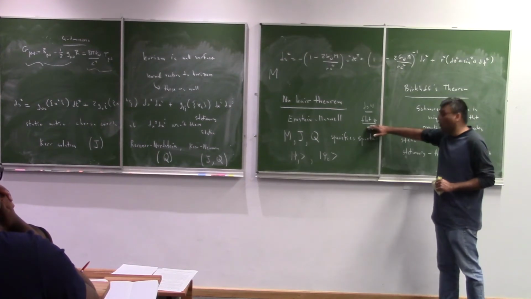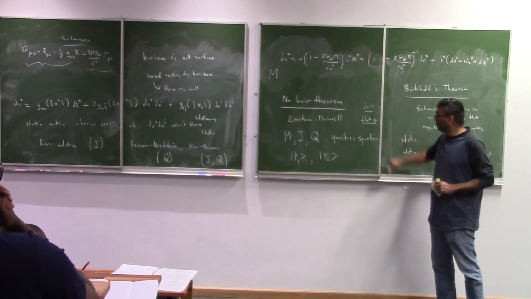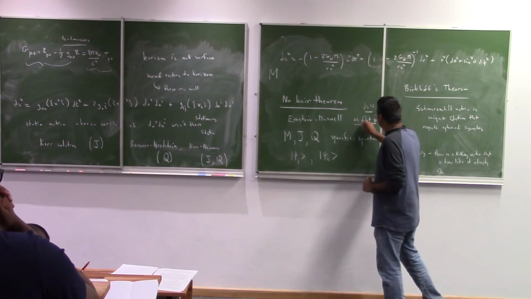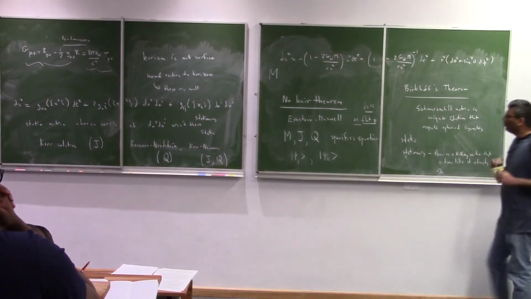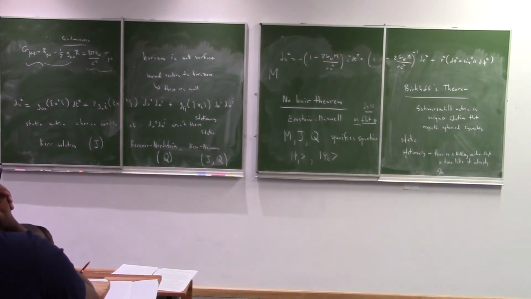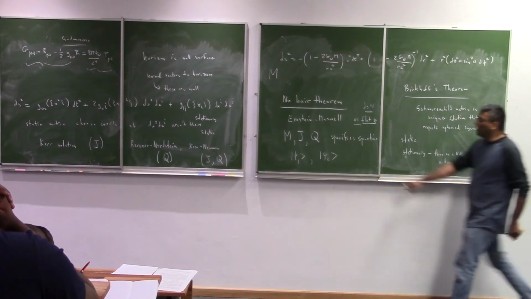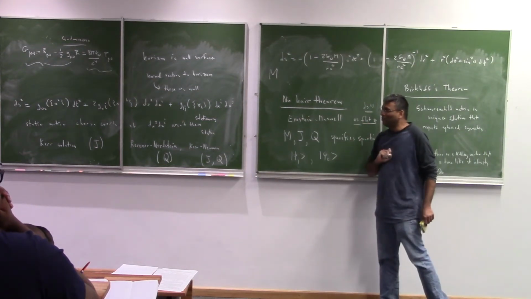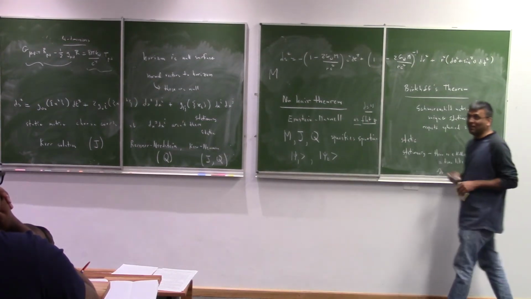For example, non-asymptotically flat spaces, and higher dimensions. So it turns out that's not true. In 2001, the first explicit solutions were written that violated the no-hair theorem in 5 dimensions. So let me briefly sketch out what they did.